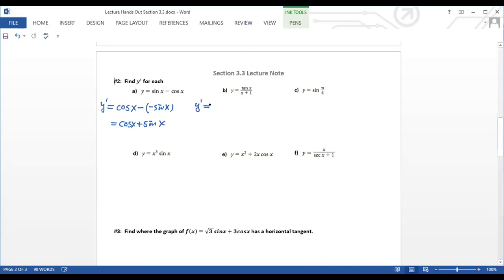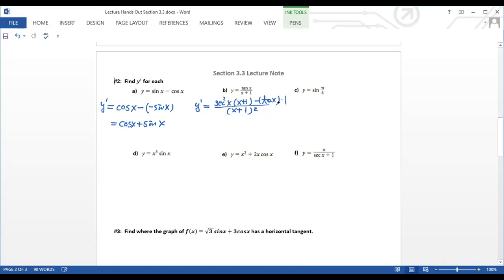Okay, so now this is tangent x over x plus 1. What is the first thing we need to do? Oh, you see a fraction. So what do we need to do? The quotient rule. So you square the bottom. Then you take the derivative of the top. The derivative of tangent is secant squared x. Then you keep the bottom, then minus tangent x times the derivative of the bottom.